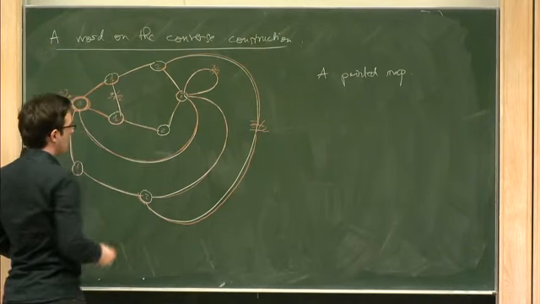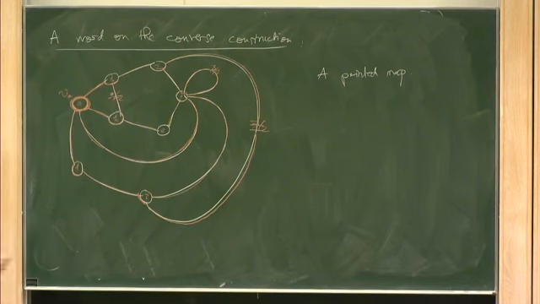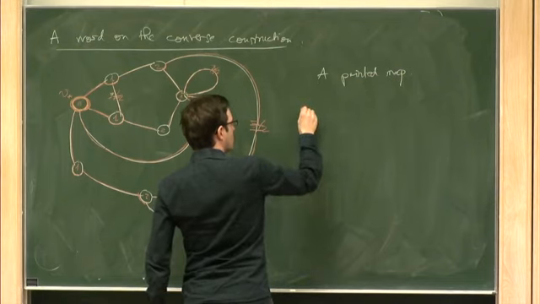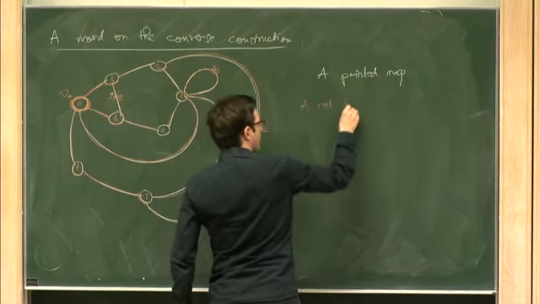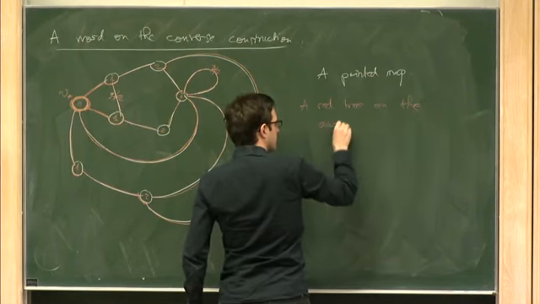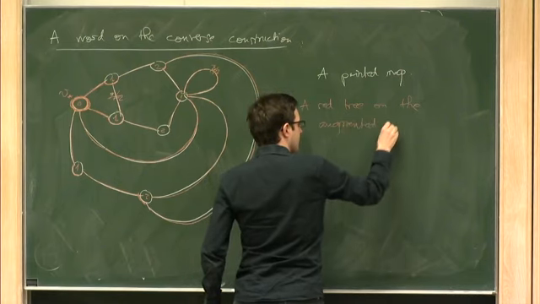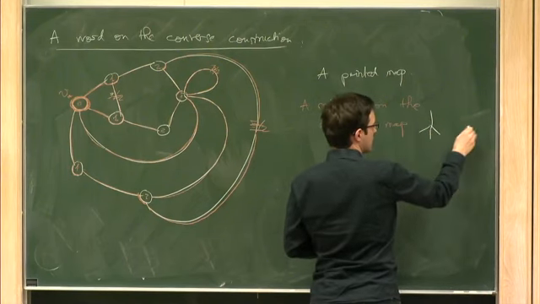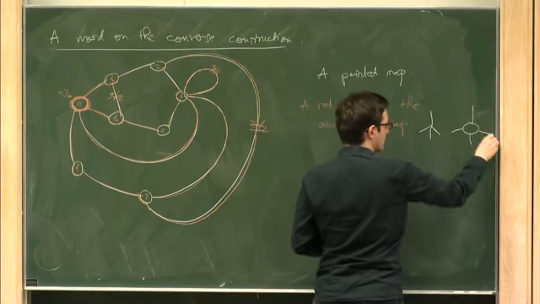So what do I get in the end? I get a red tree on the augmented map, where a vertex incident to 4 edges is replaced by this ring road.